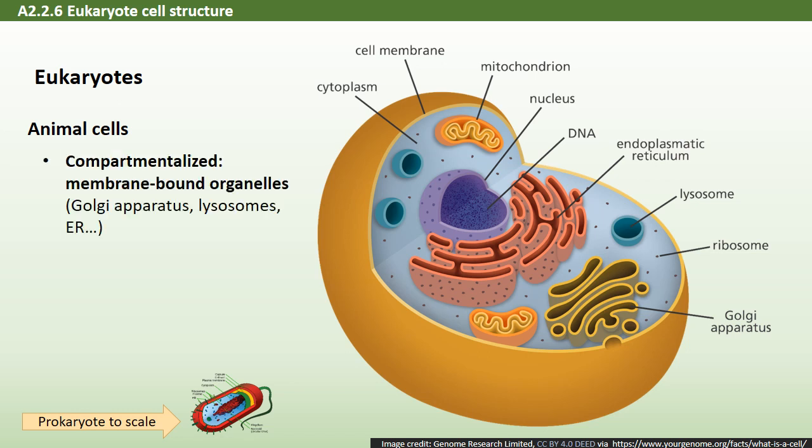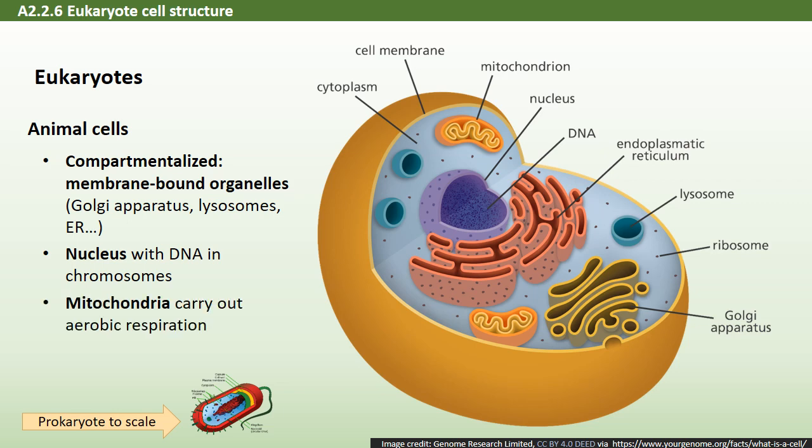Eukaryotes, more complicated. This is an animal cell. It's compartmentalized. It has membrane-bound organelles, for example, Golgi apparatus, lysosomes, endoplasmic reticulum. These compartments have specialized functions. Eukaryotes also have a nucleus with DNA in chromosomes, several chromosomes inside the nucleus.